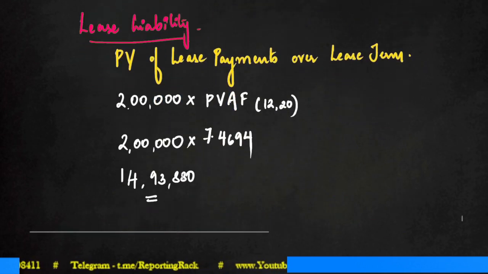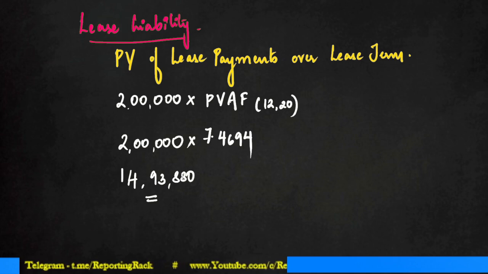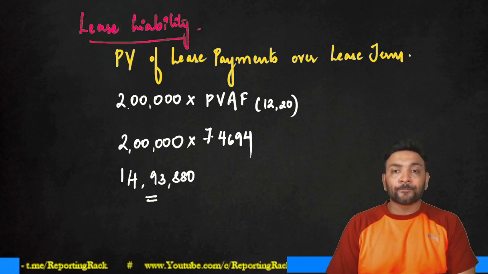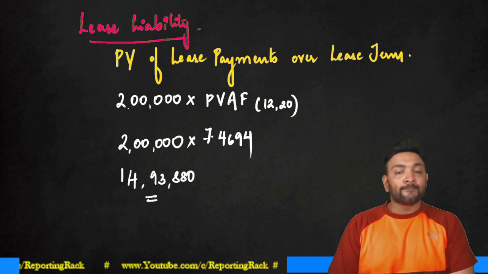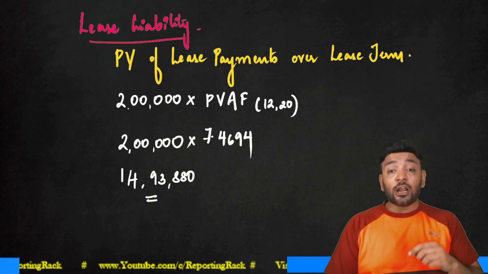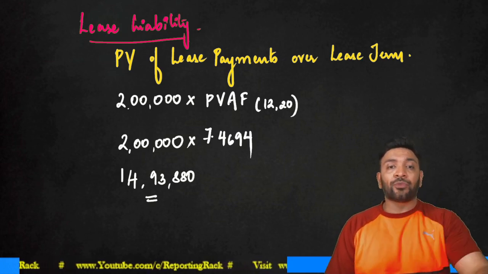I've calculated lease liability at their present value, 2 lakhs multiplied by the present value annuity factor at 12% for 20 years. That is the entry to be recorded in the books of seller lessee.